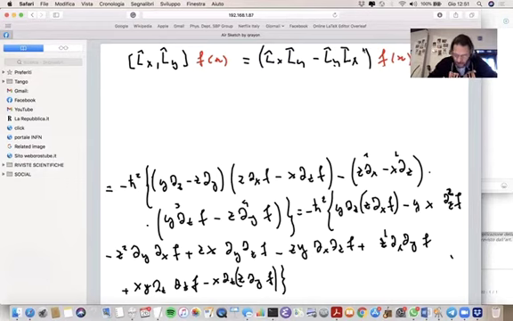So now you already see some cancellation take place. For instance, let's look at the ones where I have a second derivative with respect to z. So this has a second derivative with respect to z. This has a second derivative with respect to z with the opposite sign. That's good. I have a negative z squared here, and a positive z squared there. So these two will also cancel.